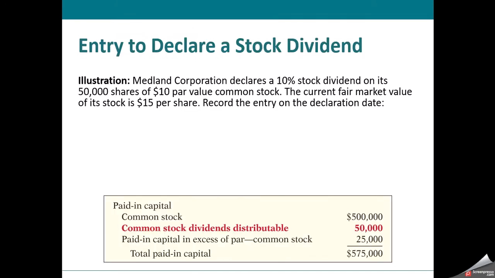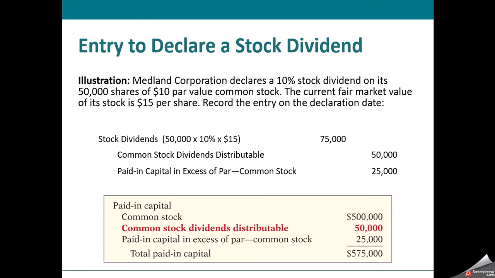So here we have a 10% stock dividend on 50,000 shares of $10 par value common stock. The market value is $15 a share. So we're going to debit stock dividends at our 50,000 shares times 10% times the current market value. So that's worth $75,000.